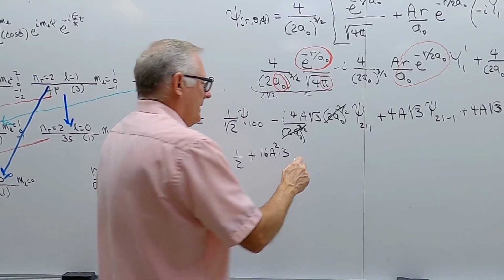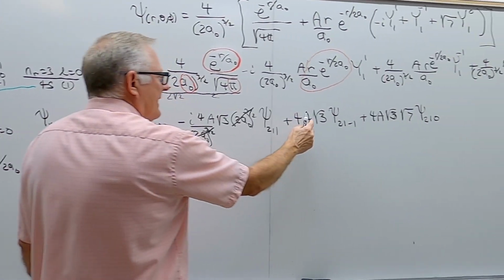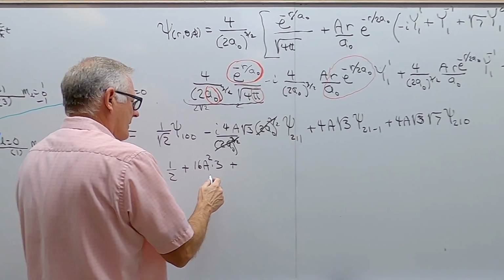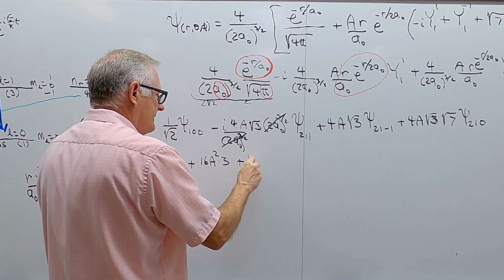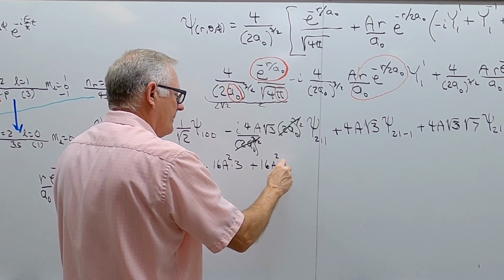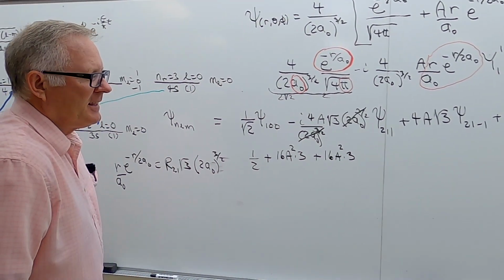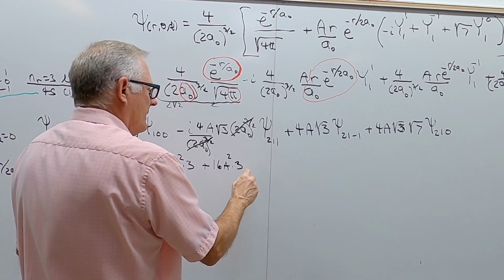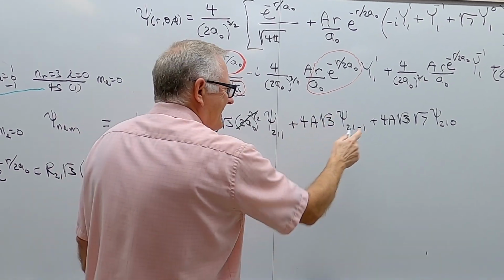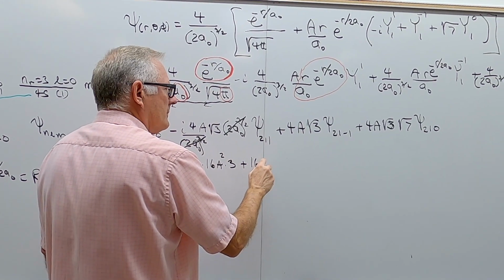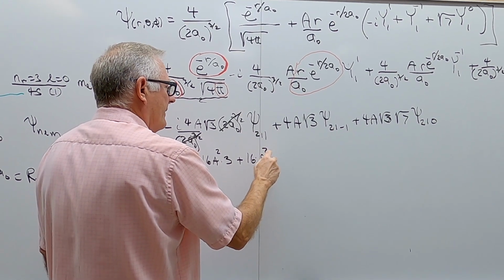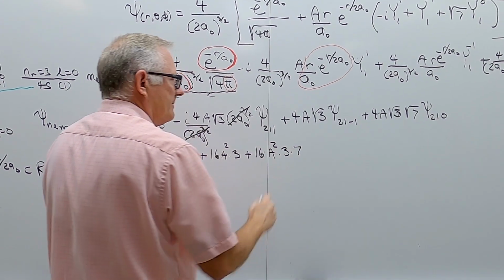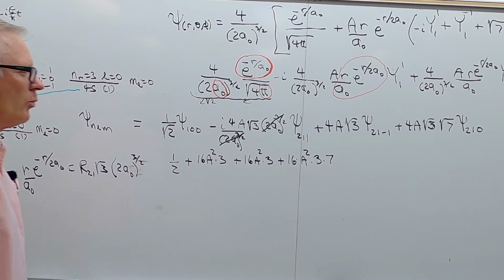And this would be plus 16a squared times 3. Well, it's just doubling this, but we'll just write 16a squared times 3. And then the last term is plus 16 times a squared times 3 times 7. And that should equal 1.